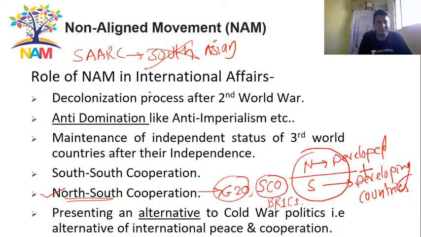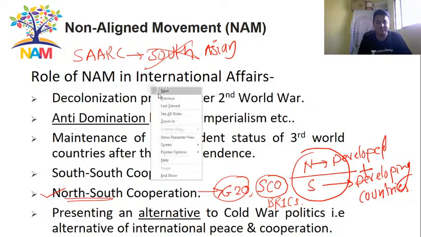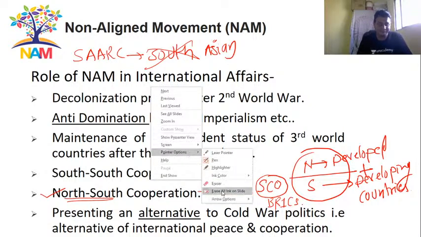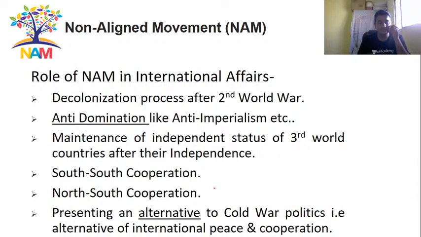What is SCO then? Preeti, Ashwini, Pranali, what is SCO? Good.